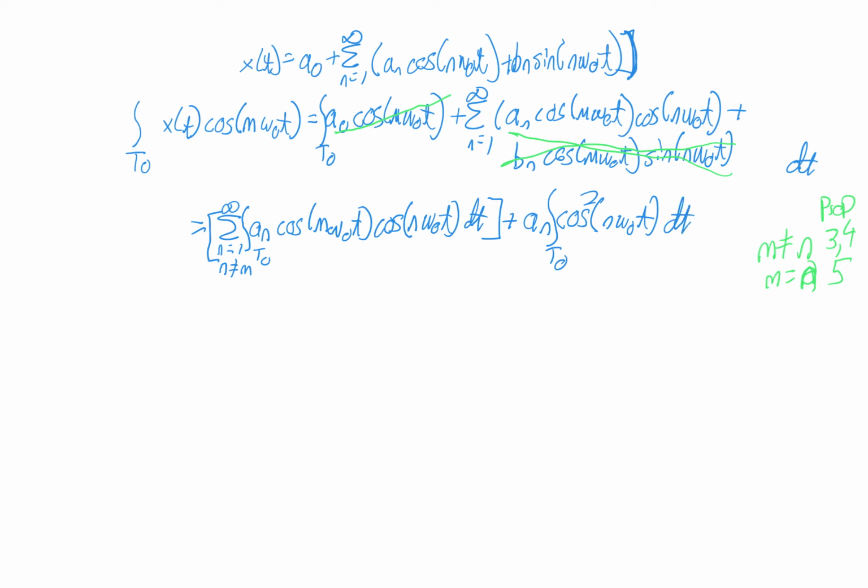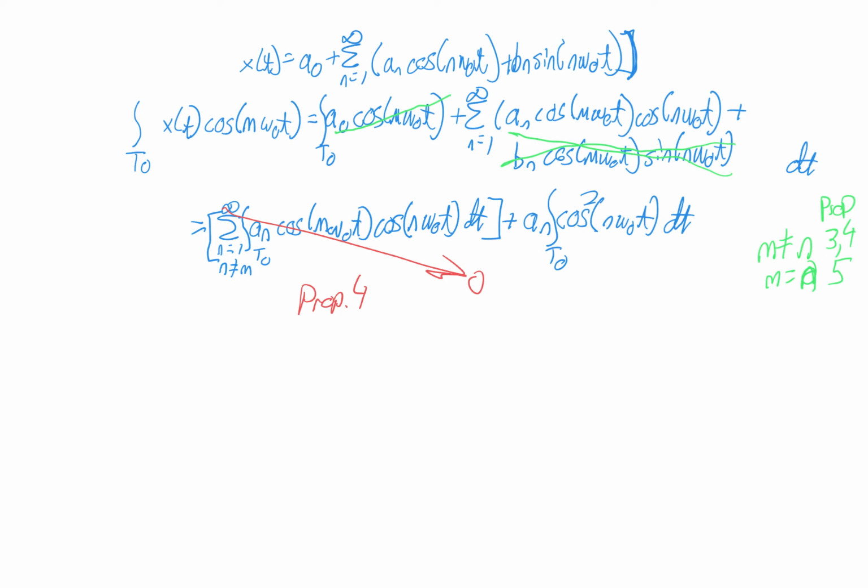So now if we look at this first term, we have cosines at two different frequencies integrated over a fundamental period. So we have an integer number of m full cycles, an integer number of n full cycles, and property number 4 tells us that all of these cases where n is not equal to m, this goes to 0 by property 4.